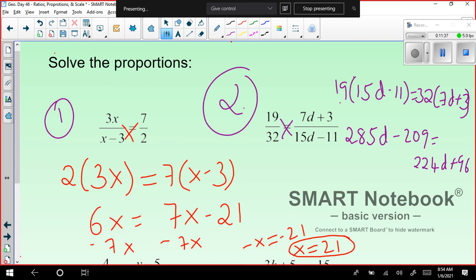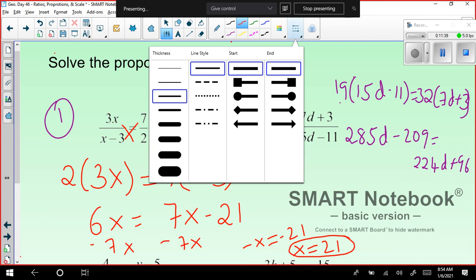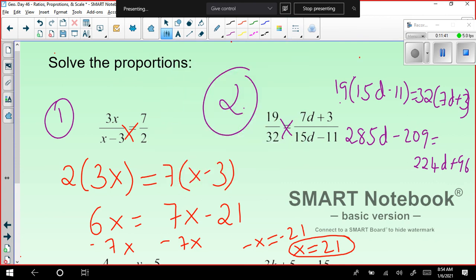What I'll do is subtract 224d from both sides and add 209 on both sides of the equality.